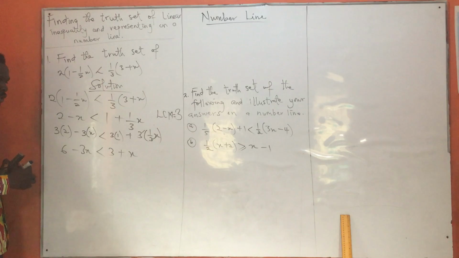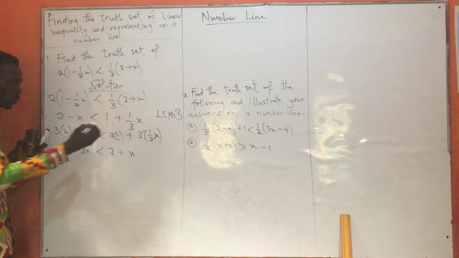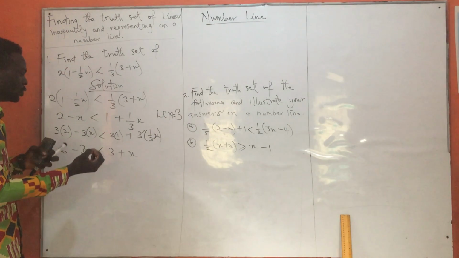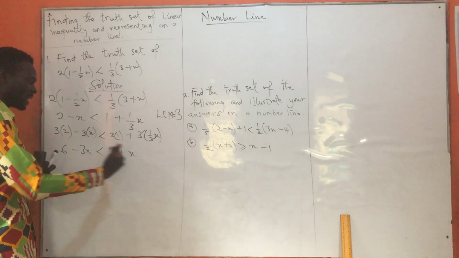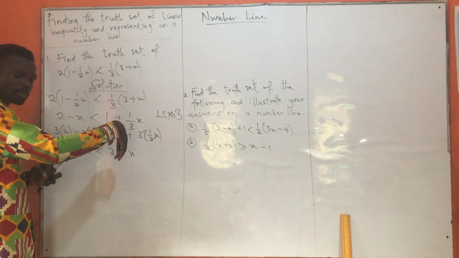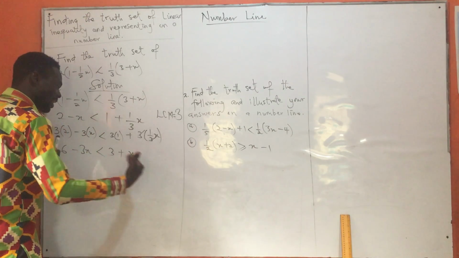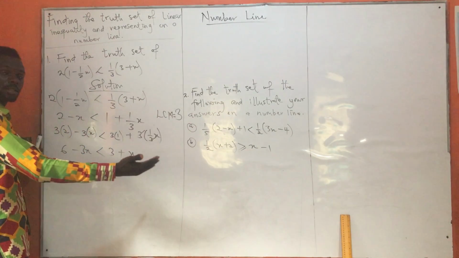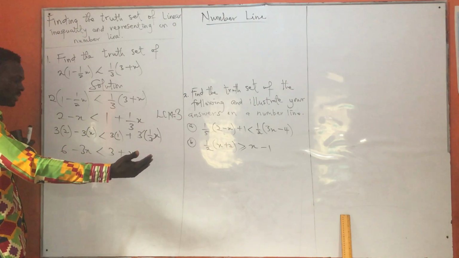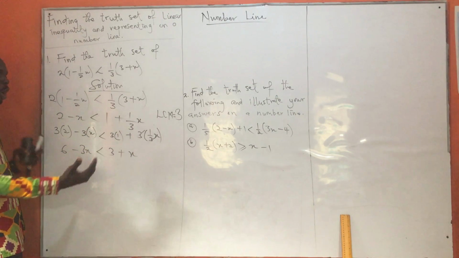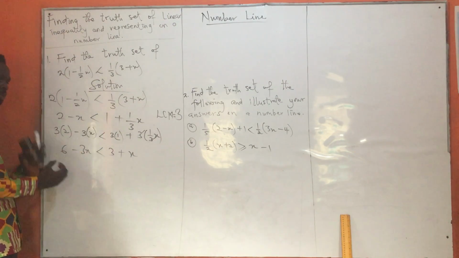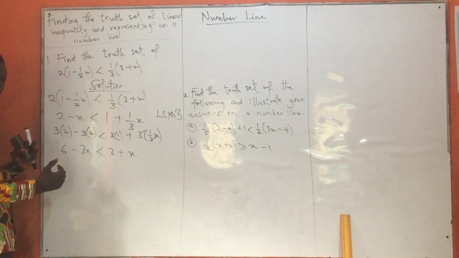Now this gives you an inequality where you have the x on both sides of the inequality. All you need to do is group like terms.